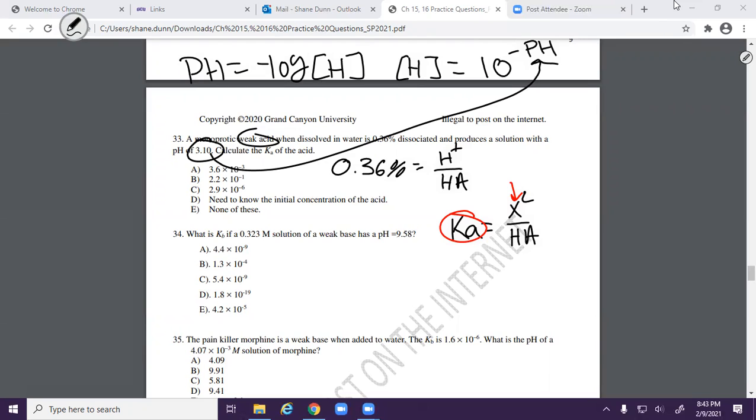Is it B? I don't know. Just plug it in. Nope. So, what'd you get for HA then? Ours are for H. 7.9 for H? Okay. You're not done yet then. 7.9, right?